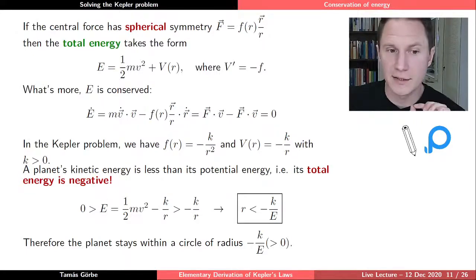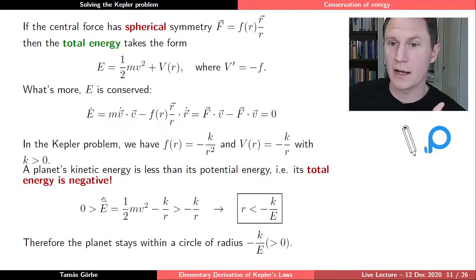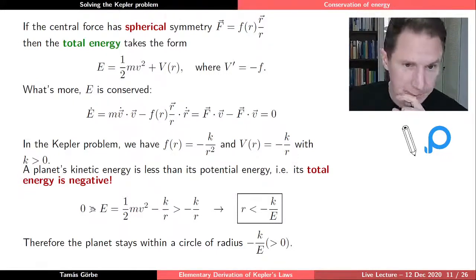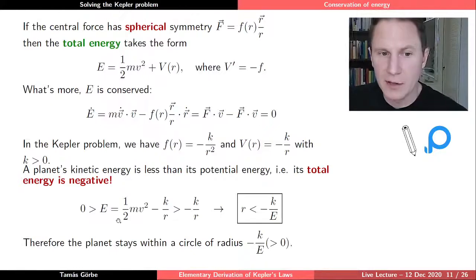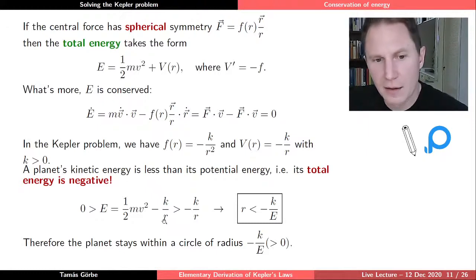Okay, the energy stays conserved, but in order for it not to escape from the sun, just like our asteroid did from Earth, we have to have its total energy be negative. So capital E is going to be less than 0.